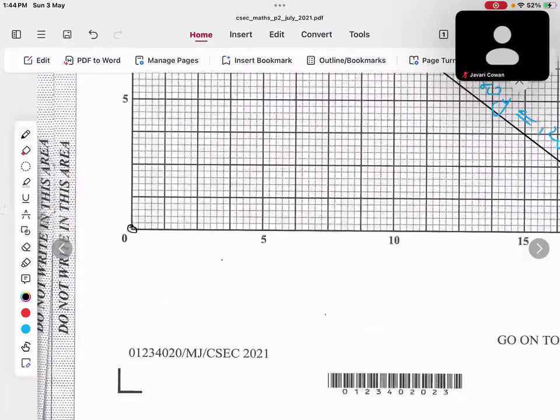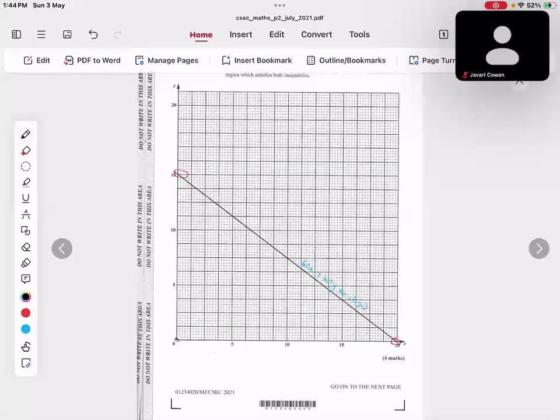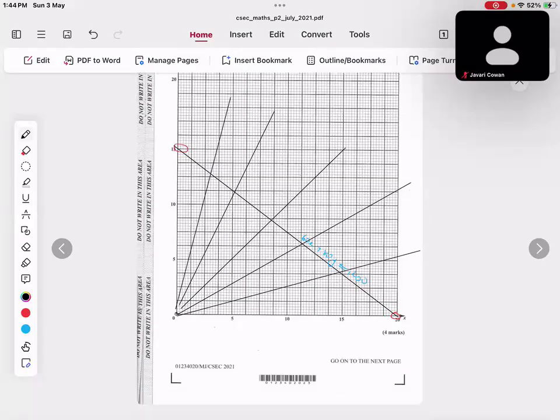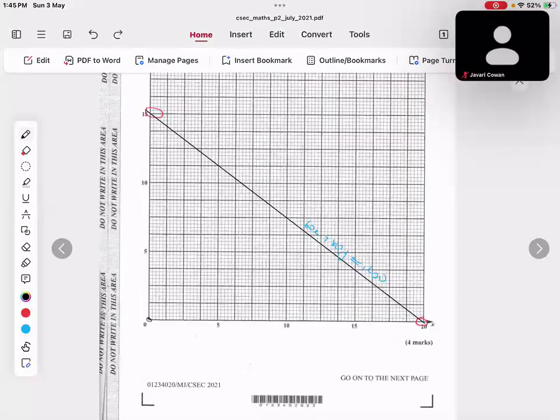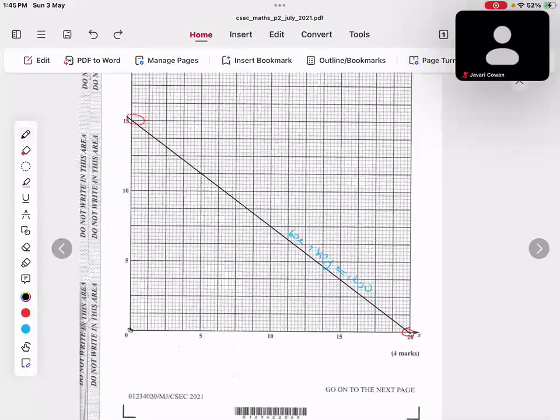Now, this line here, watch this now, guys. If it's passing through here, a student can draw it anyhow. That's a problem. You need this line to be perfect. So for this line to be perfect, it has to pass through 5, 5, 10, 10, 15, 15.